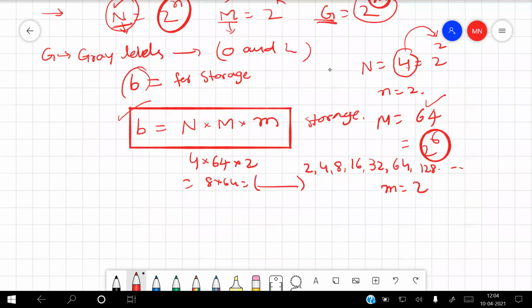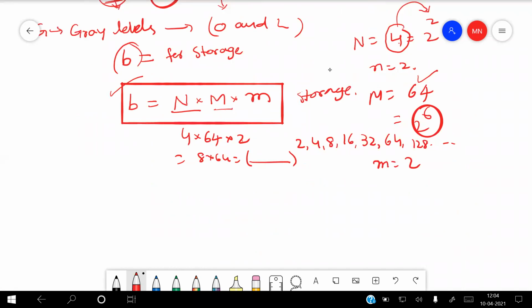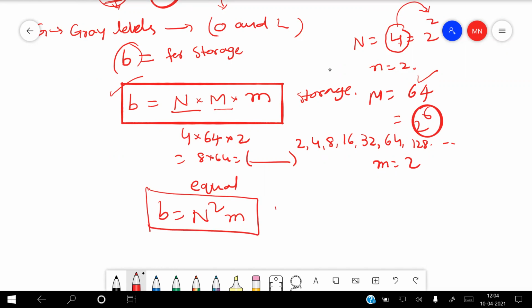But basically what we considered is n and m both are taken as equal. Then what happened? N square into m, for a square image. Why do we need to consider square?